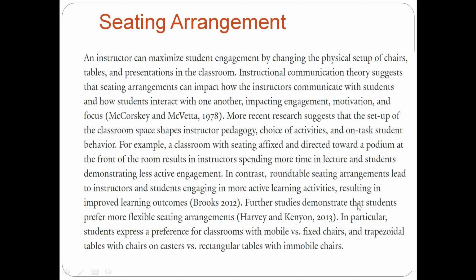Further studies demonstrate that students prefer more flexible seating arrangements, and in particular students express a preference for classrooms with mobile versus fixed chairs, and trapezoidal tables with chairs on casters versus rectangular tables with immobile chairs. So this is the basic theme of seating arrangement, and why it is important. In the next slide we will discuss the different types of seating arrangement in our classrooms.